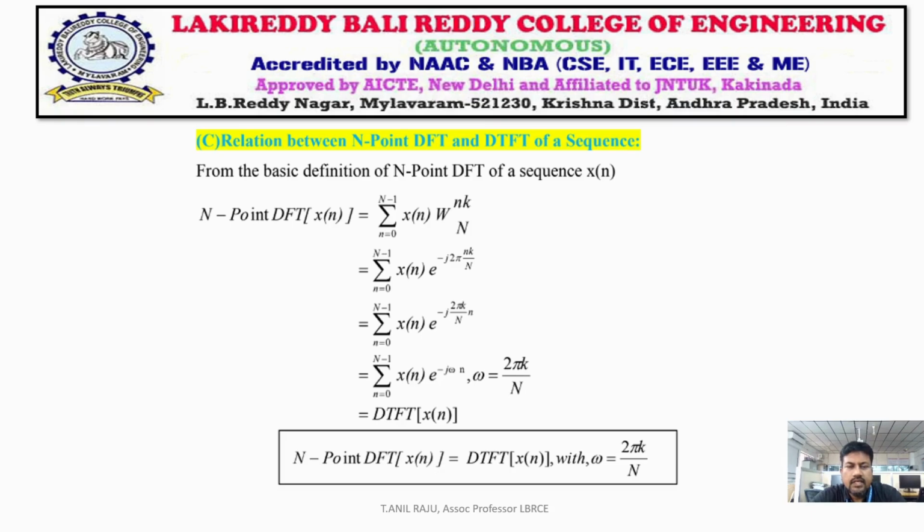If you consider that small omega as digital, that is DFT. If you consider it as continuous, then it is DTFT. We all know the DTFT formula is the summation of x of n e power minus j omega n. The point is that when you take the DTFT of x of n and discretize the value of omega, it is called DFT. So, this is the relation between DTFT and DFT.